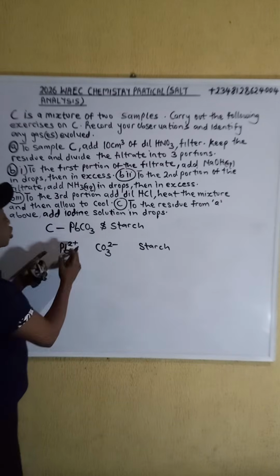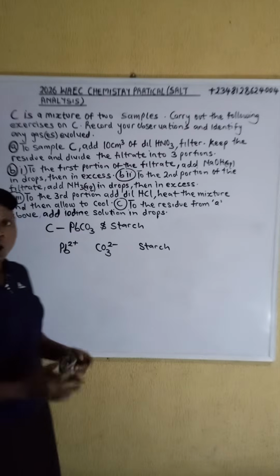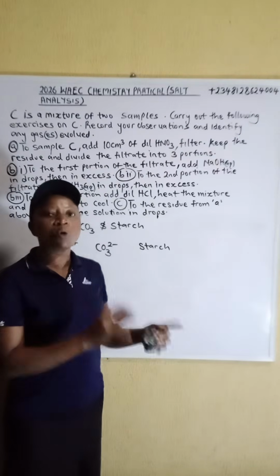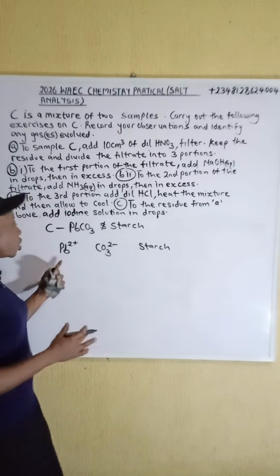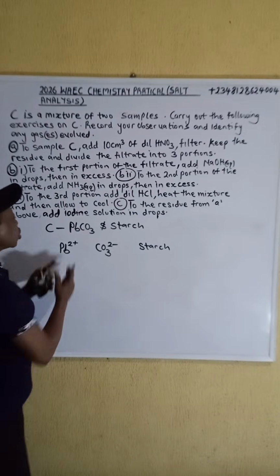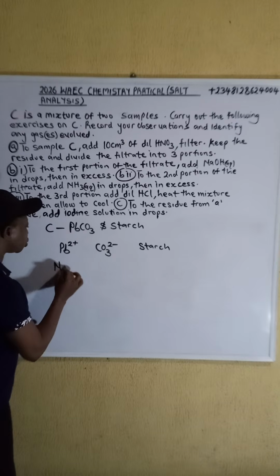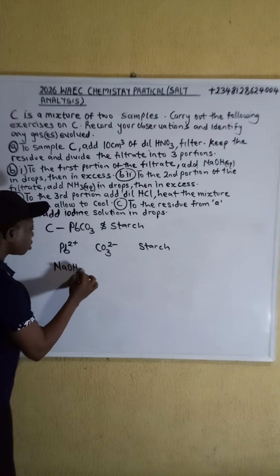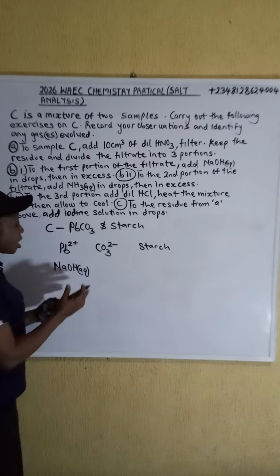Now we are going to look at the reagents that we can use to confirm the presence of lead ion in an unknown sample. So lead ion is a cation. Then we always use sodium hydroxide to confirm the presence of cations.